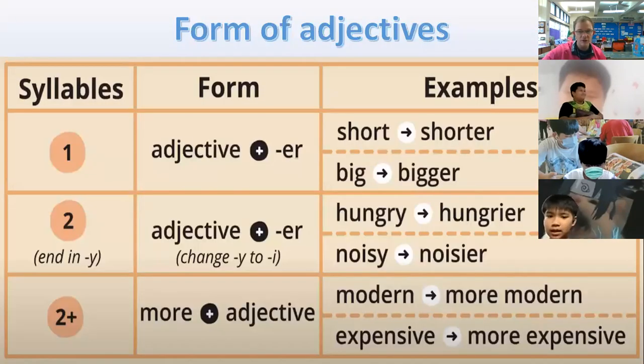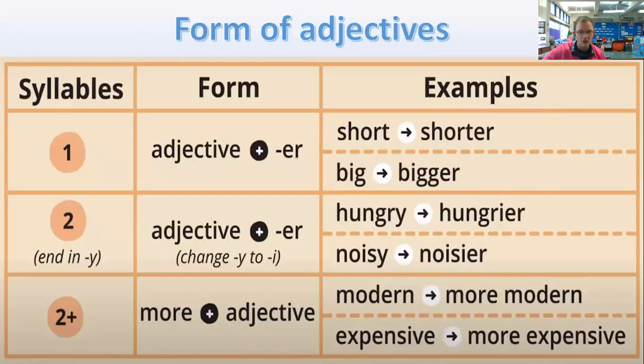So next, just to recap, and just before we close off, I want to go through the rules again to make sure they get stuck in our minds and we don't forget them. Rule number 1, if a word has 1 syllable, we add ER. So if the adjective only has 1 syllable, like short, we add ER.